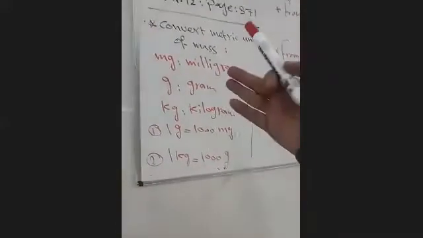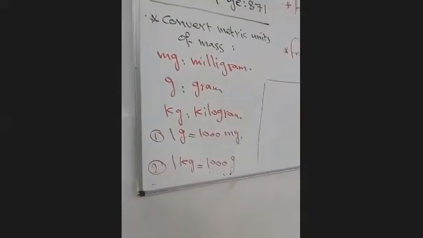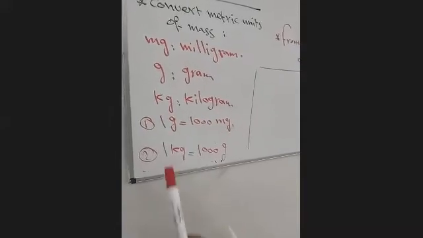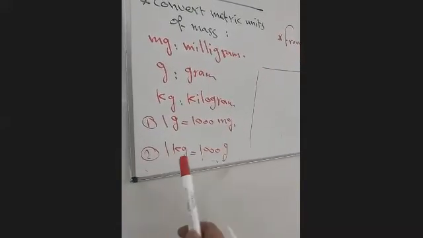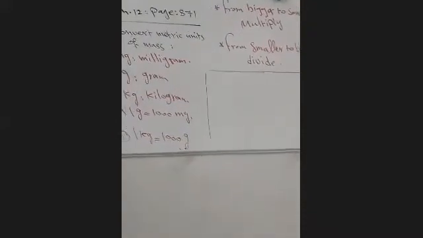So: 3 metric units of mass, milligram, gram, kilogram; 2 relations, 1 gram is 1,000 milligram, 1 kilogram is 1,000 gram. From bigger to smaller, multiply. From smaller to bigger, divide. Now let's take some exercises.